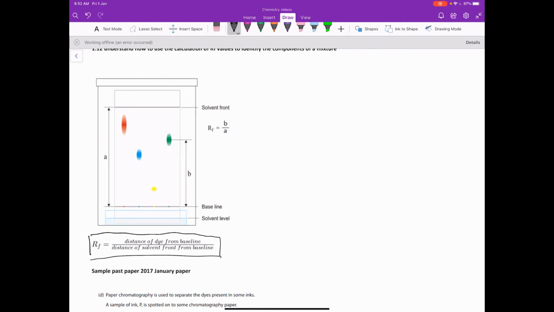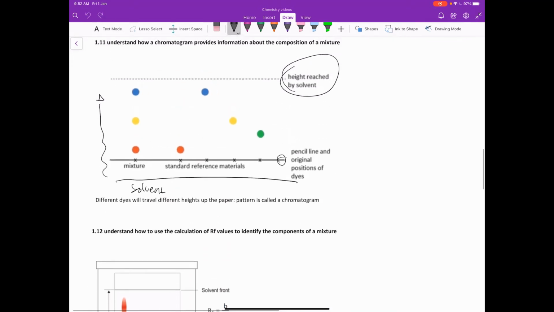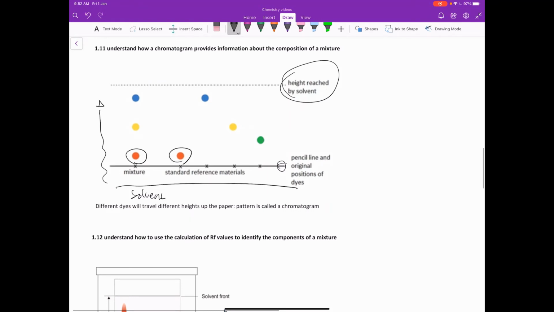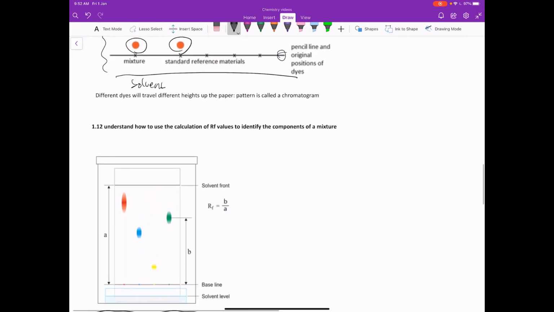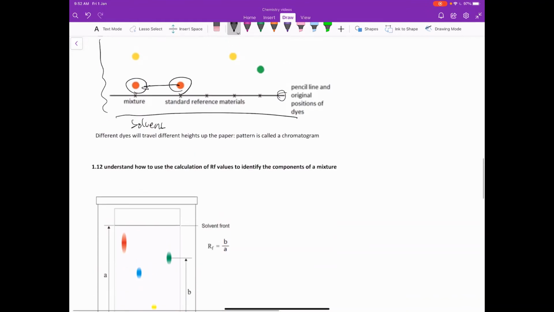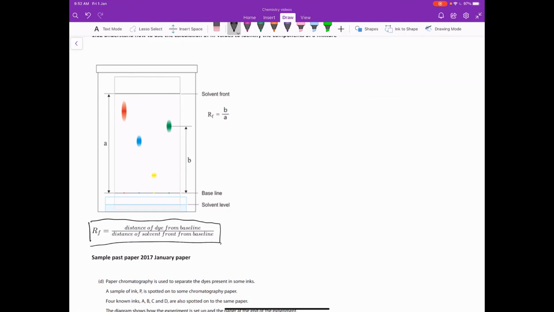If the RF value of one of the components of the mixture equals the RF value of one of the standard reference materials, such as this red one and this red one, then the component is known to be the reference material. So these are the same material. That's the basics. Topic 1 is pretty simple.